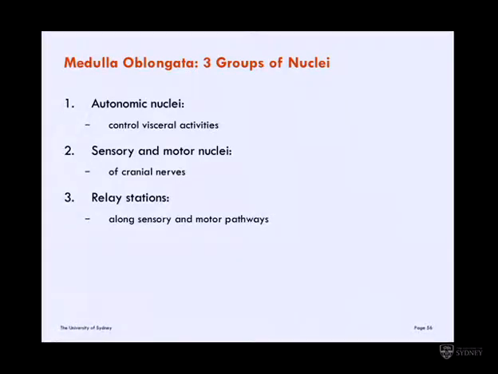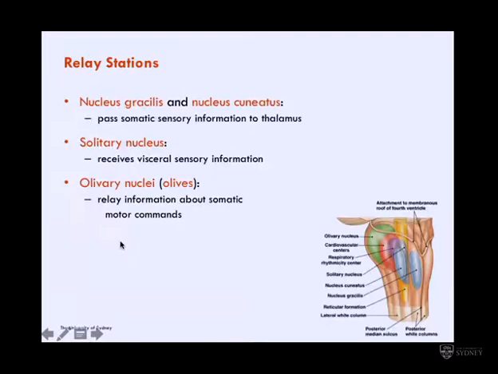Three general groups of nuclei: autonomic, sensory and motor nuclei, as well as the relay stations. Okay? Here's what the relay stations actually relay, the information that they actually pass on. Know them, understand them.